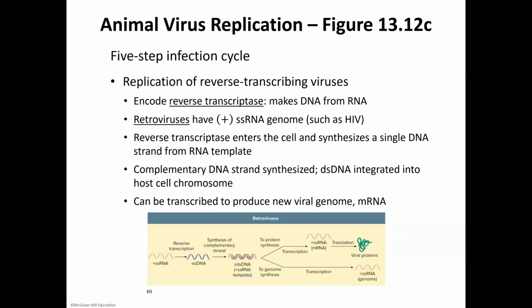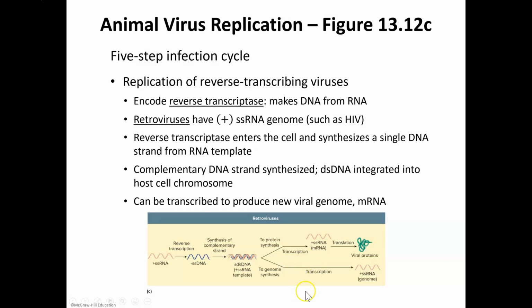And then we have special viruses, which are called retroviruses. Retroviruses have single-stranded positive strand RNA, but they also contain an enzyme known as reverse transcriptase. Reverse transcriptase can synthesize DNA from your RNA.